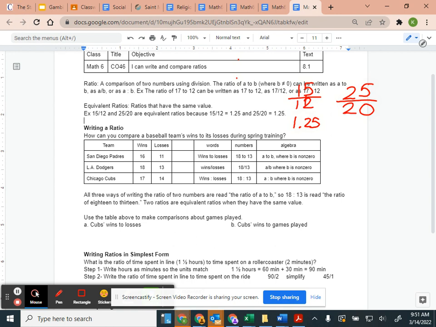If we do 25 divided by 20, we get 1.25. So they are equivalent fractions because when we divide the numerator by the denominator, we got the same number. They equal each other.